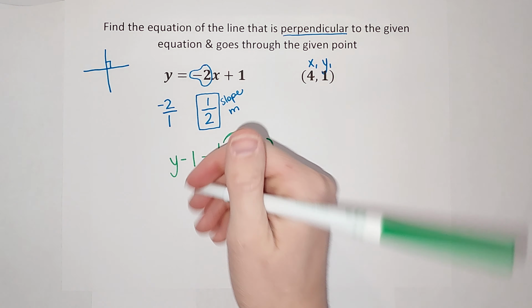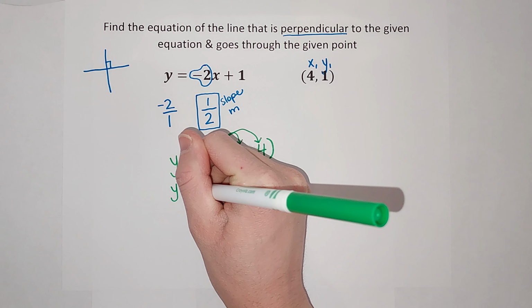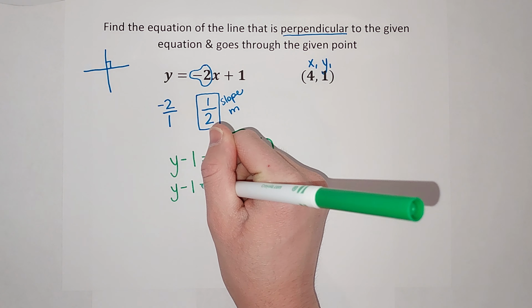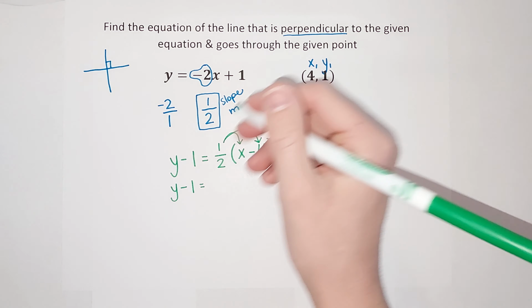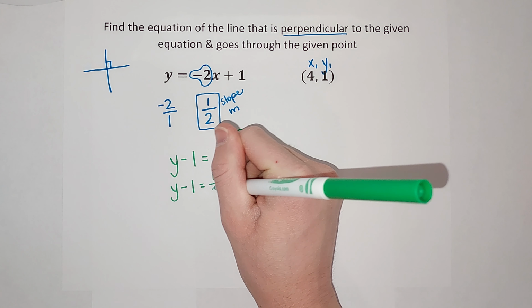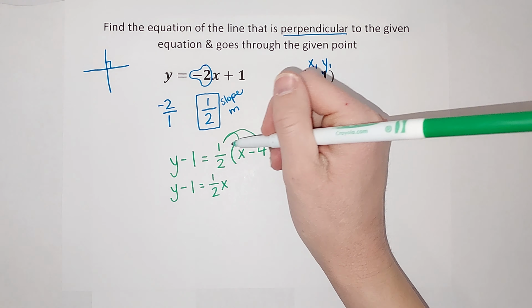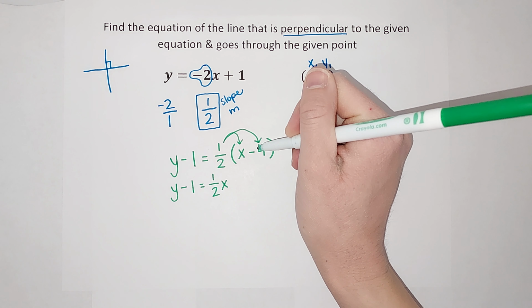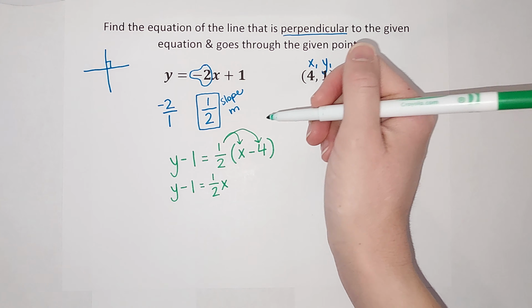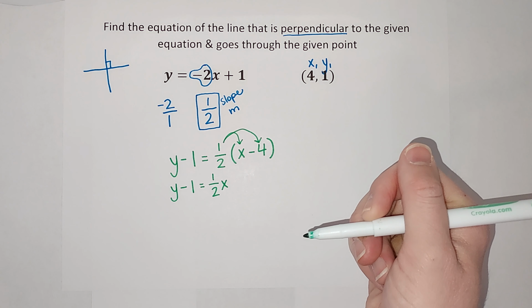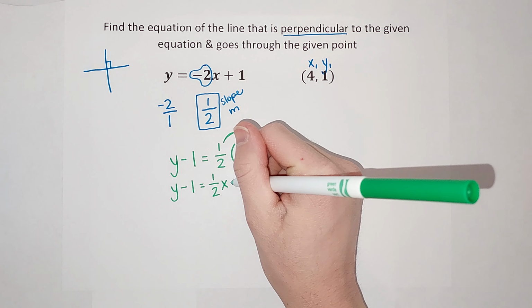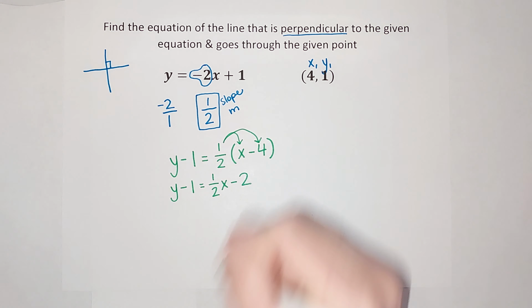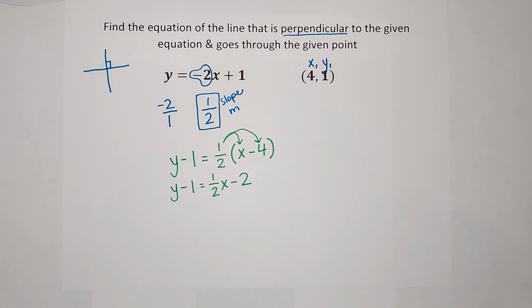You've probably been doing it. So on this side, I'm left with Y minus 1 equals 1/2 times X gives me 1/2 X. And 1/2 times a -4 will give me -4/2, which simplifies down to -2.